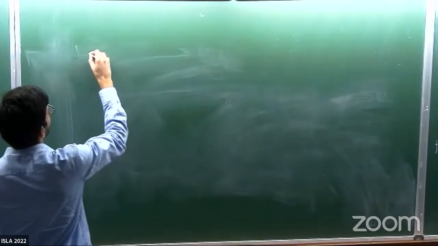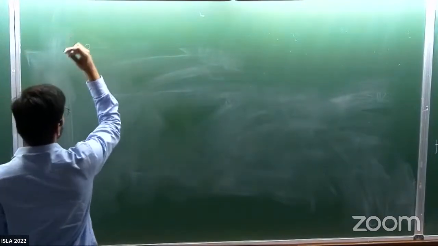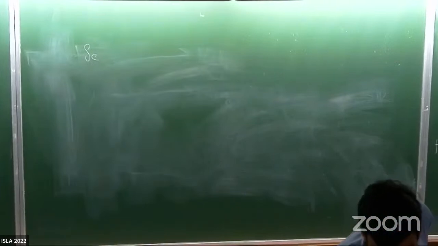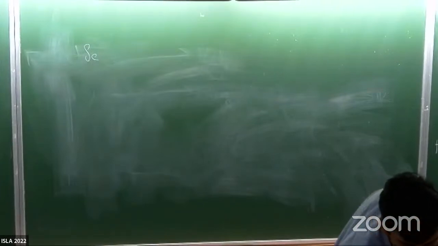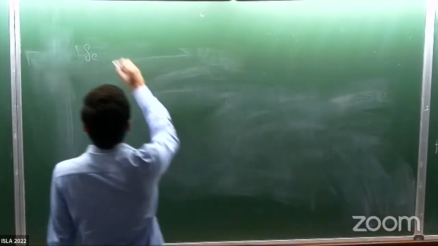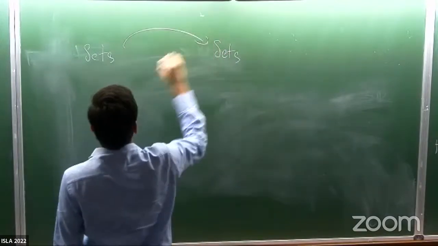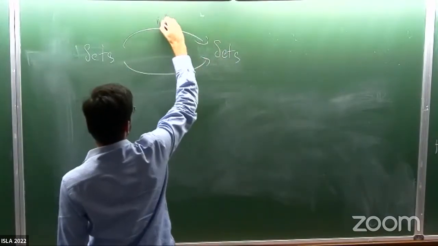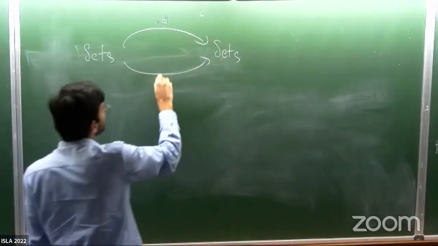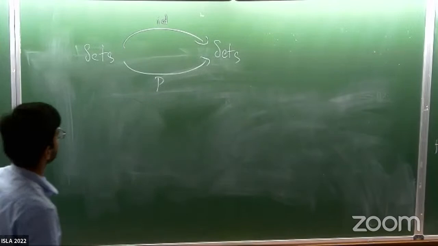Okay. So just one more trivial example, just to get the definition straight. The following is a natural transformation. You begin with sets, and you map to sets again, and you make the following functors: ID, the identity functor on sets, and the power set functor, something which we introduced last time.